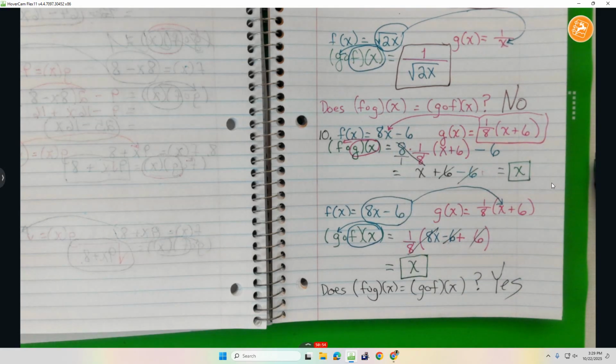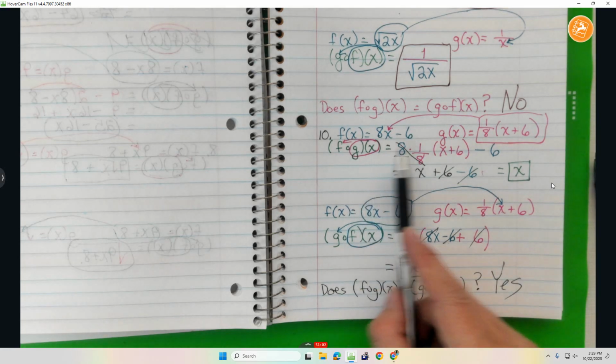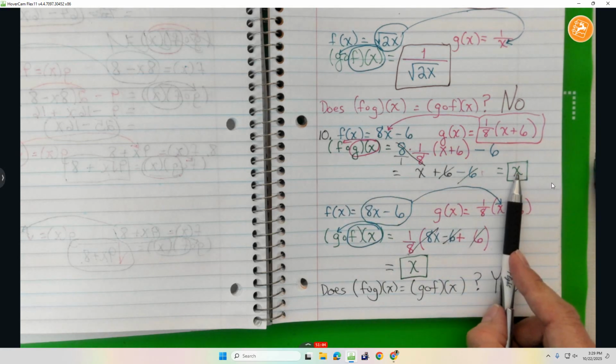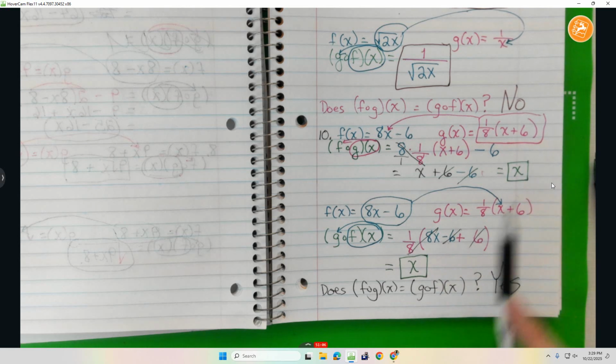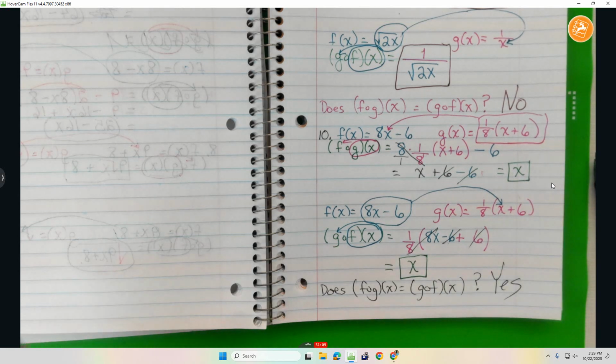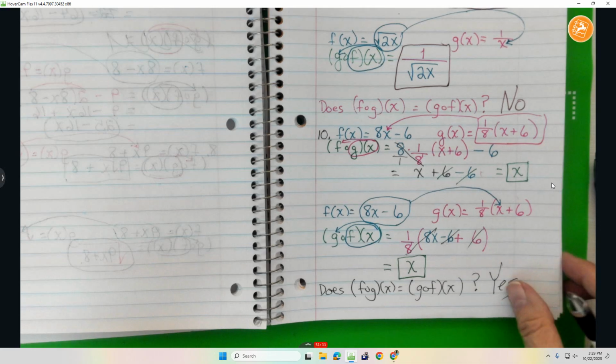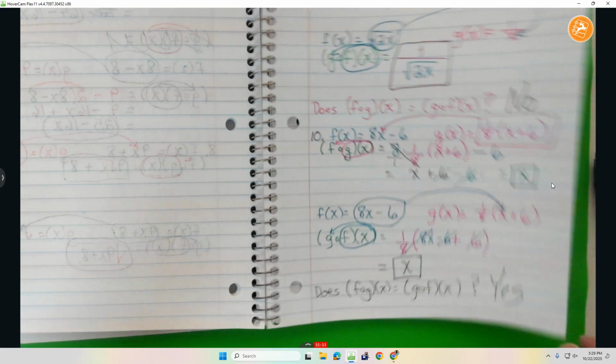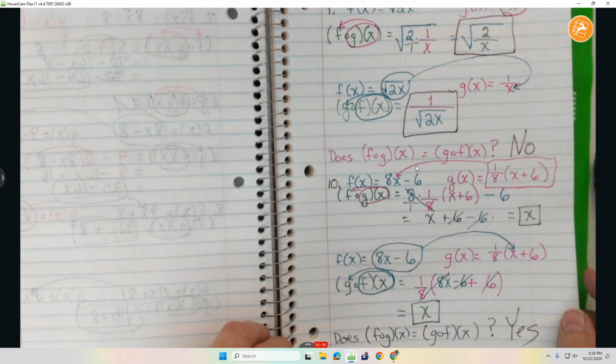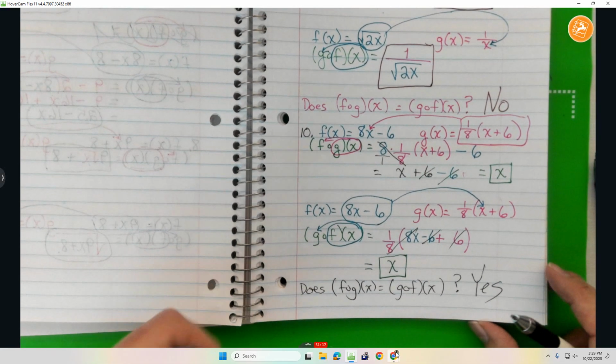That's how we'll begin the class, by reminding y'all of these two problems, 10 and 11. If everything cancels out and you're left with just x, then those functions are called inverses of each other. Now, you better type in answers. It's x, yes.